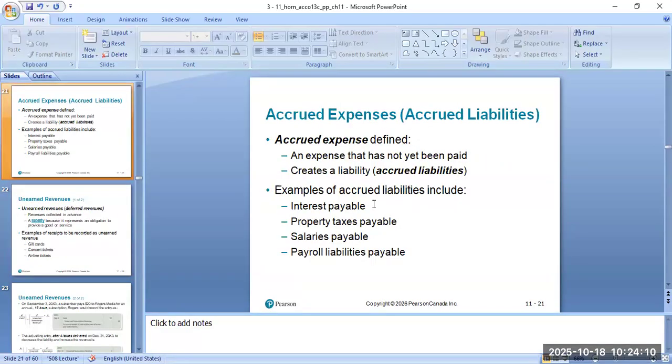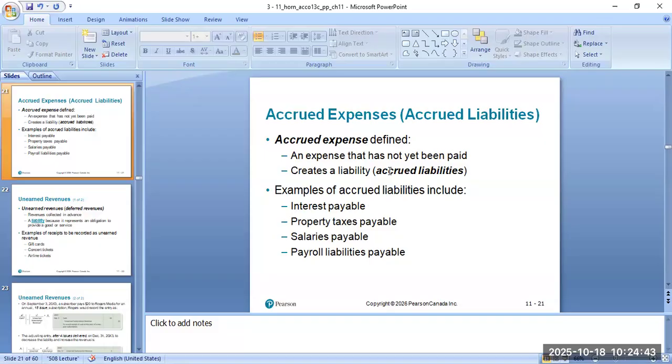Then we're going to the accrued expenses. What are accrued expenses? Accrued expenses are any expenses which we used but haven't paid yet, or an obligation for something that we have done in the past, we are liable, and we have to pay in the future.